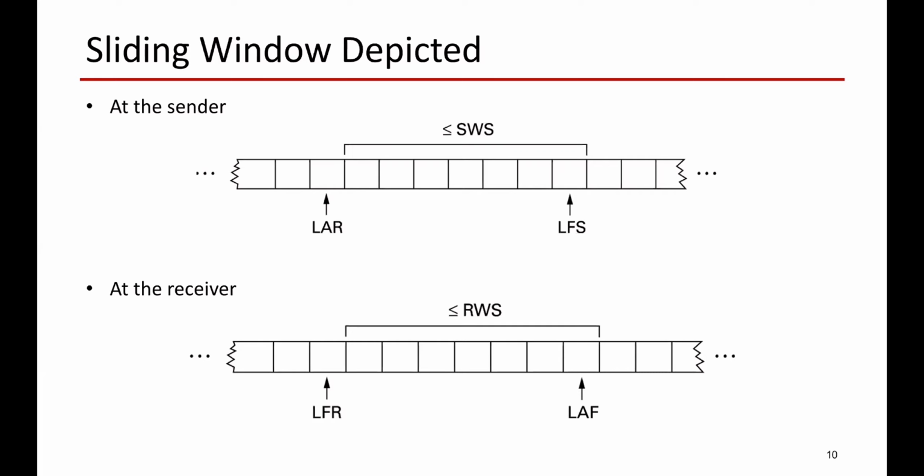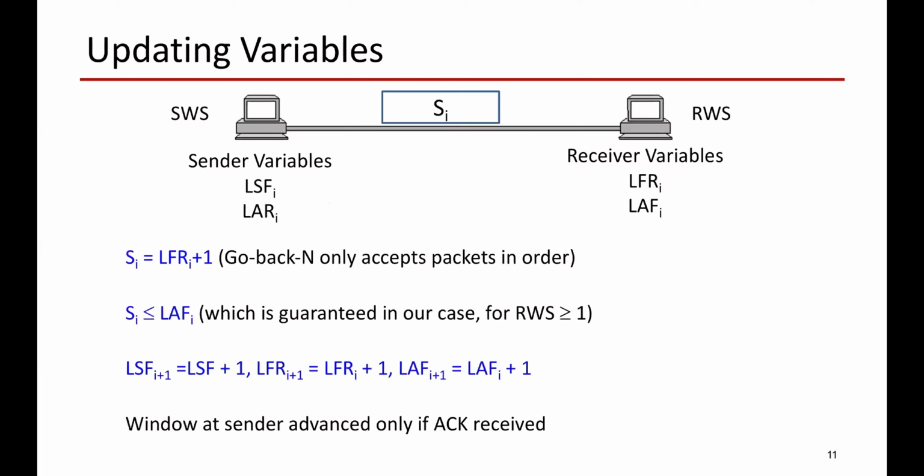That is the receiver side. So you make the receiver window size always smaller than LAF minus LFR. You have to update your values every time there is feedback or not. This is what we use.